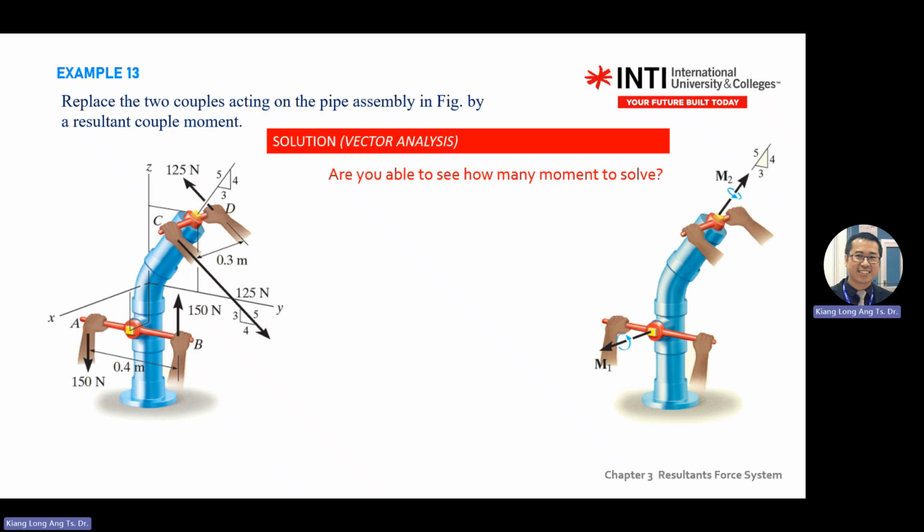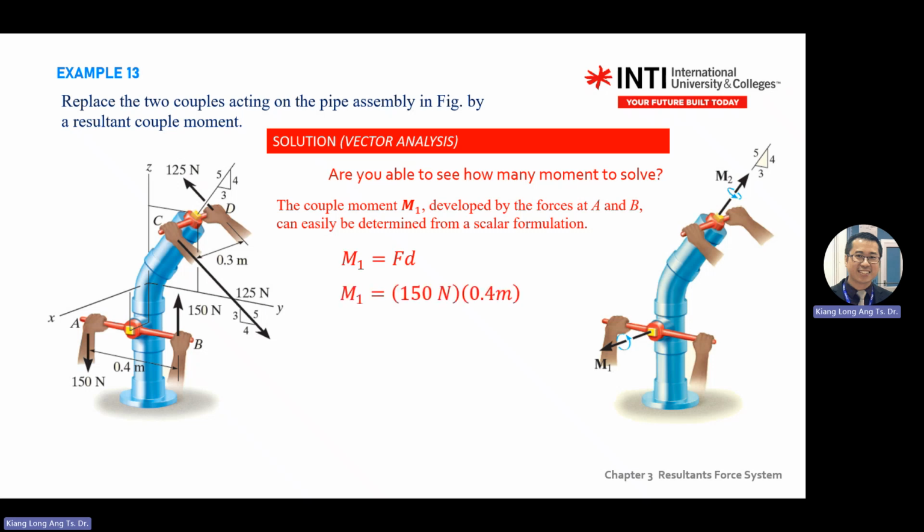M2 is anti-clockwise also. Remember to copy the slope of the member body. So this one gives you 3, 4, 5. Remember to copy. This one also. So M1 you can calculate from the scalar method F multiply D, which is this one.